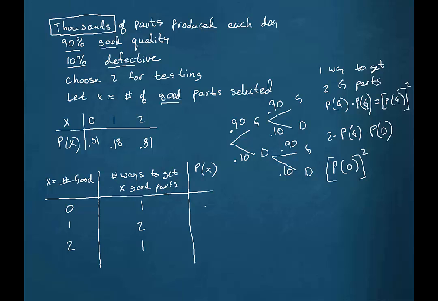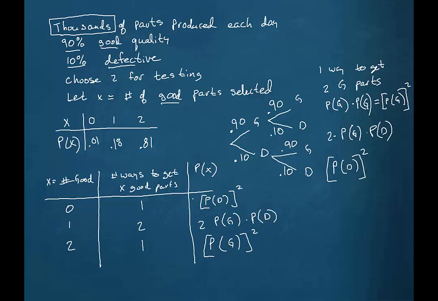And the probabilities here were the probability of a defective squared, 2 times the probability of a good times the probability of a defective, and the probability of a good squared.